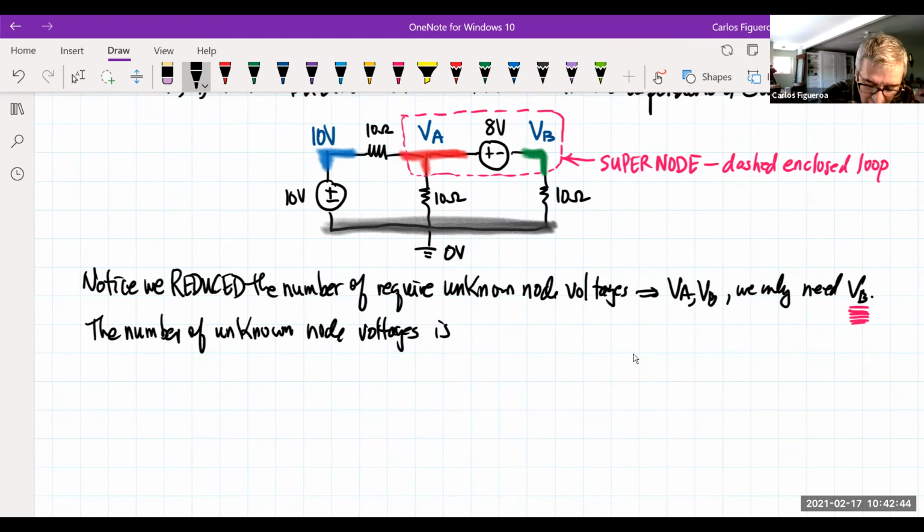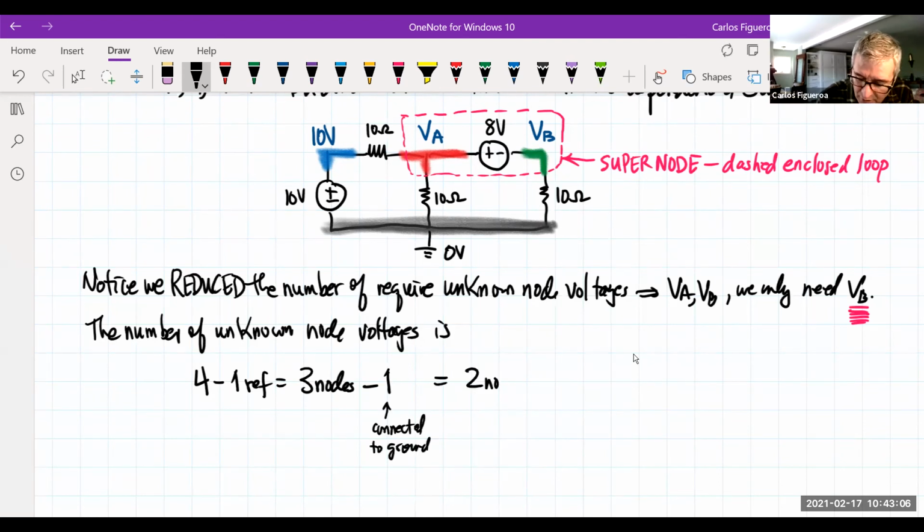is then what? We started off with 4, so we had one reference. Then we went to 3 nodes. Then we subtracted 1 because this was the one connected to ground. And so now we're at 2 nodes.